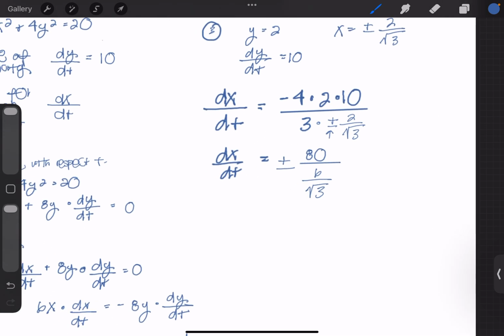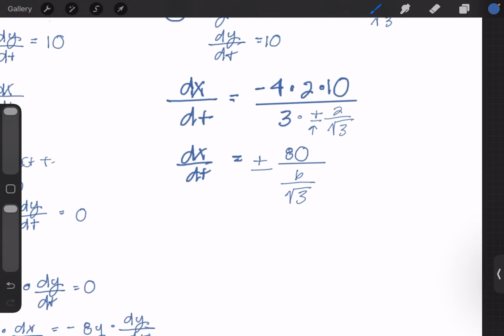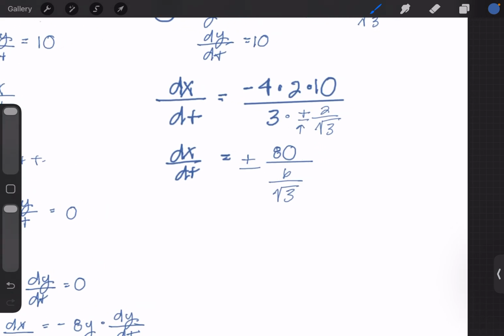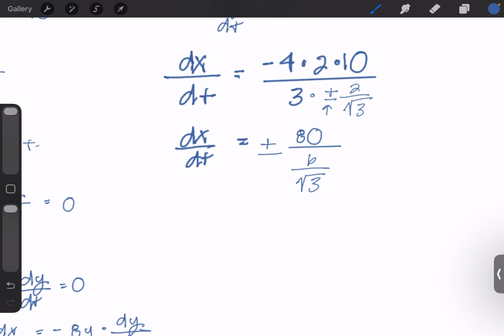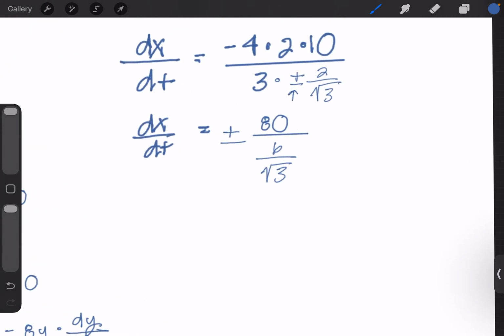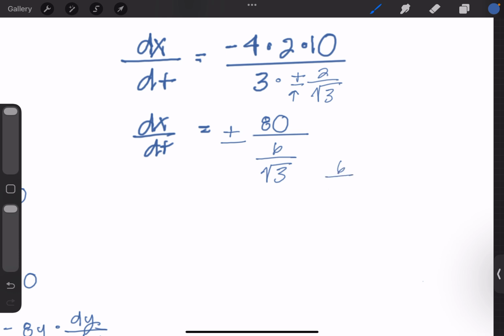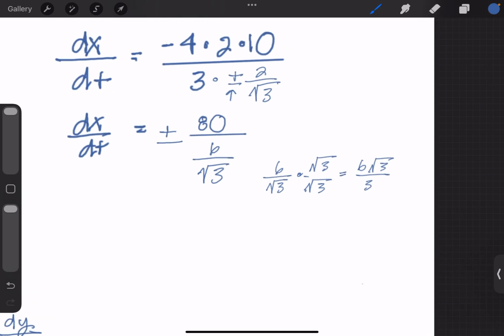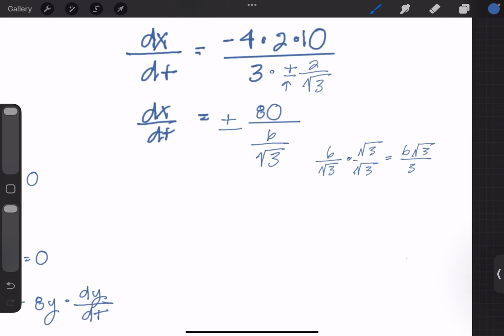Okay, and then we can simplify that even further by rationalizing our denominator. We rationalize by multiplying by square root of 3, and we know that that would be 6 square root of 3 over 3, and that can be simplified.